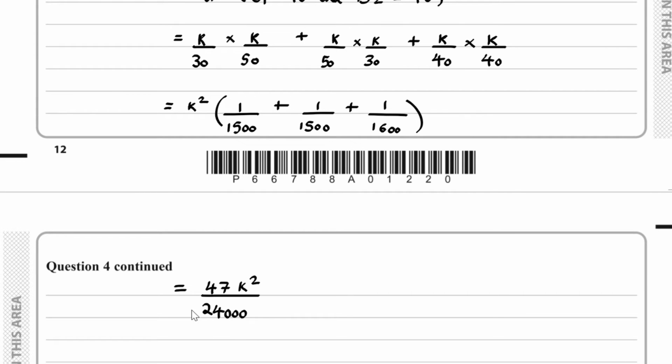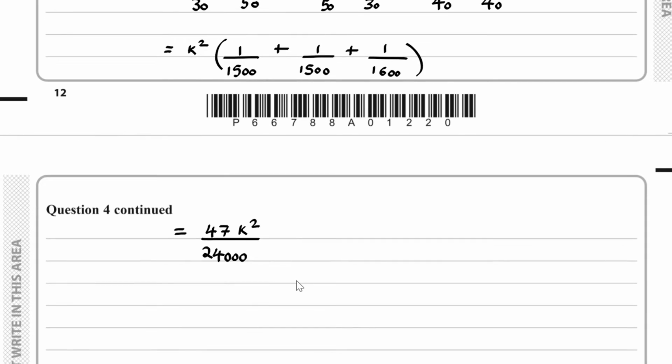24,000, and knowing the value of k, we have 47 over 24,000 multiplied by 600 over 137 squared.